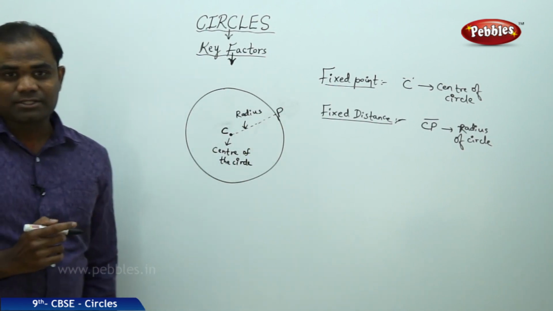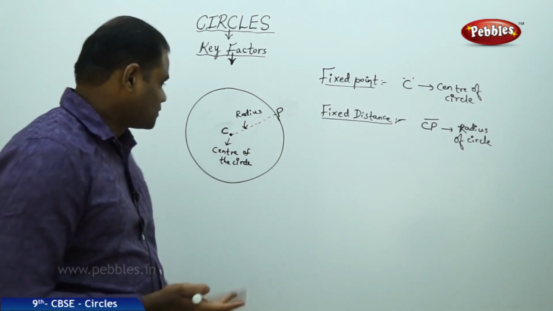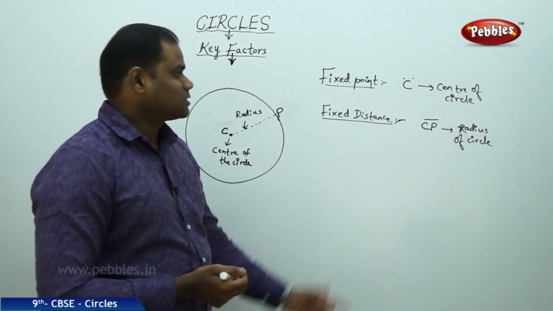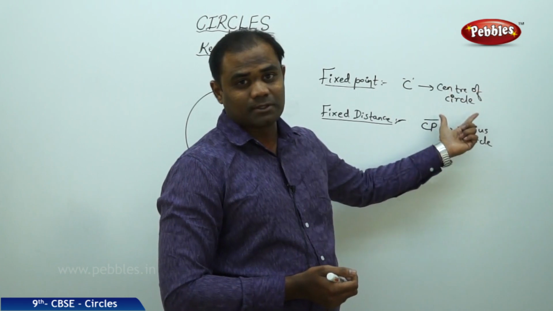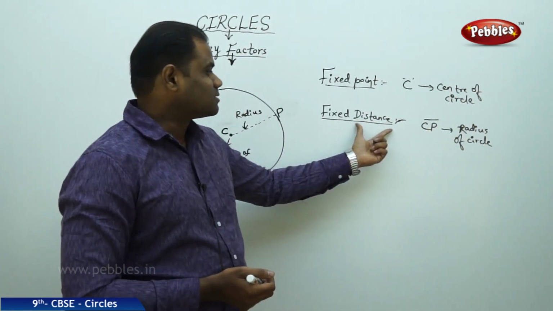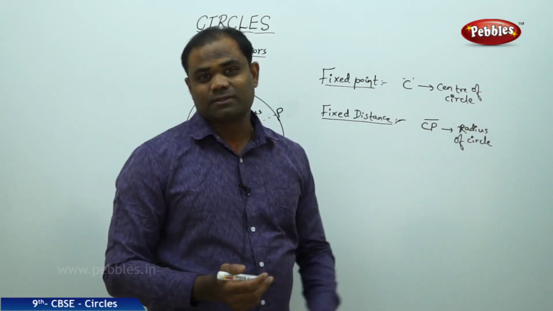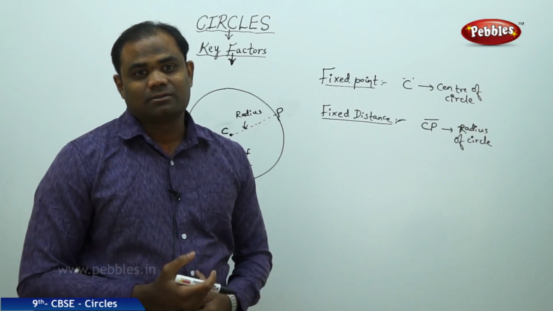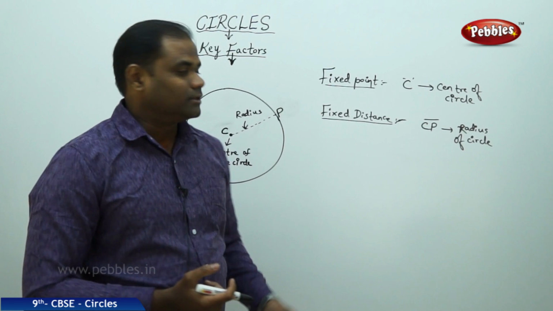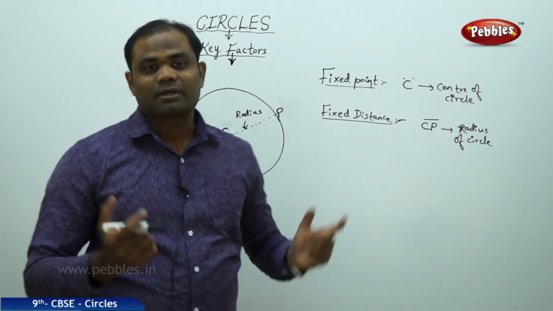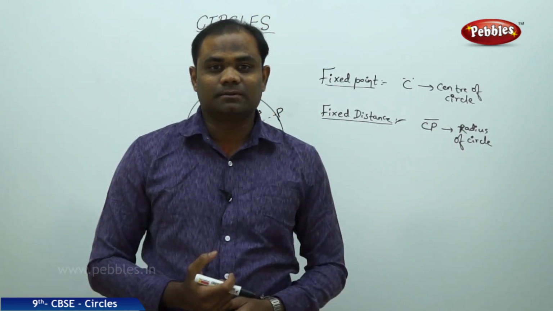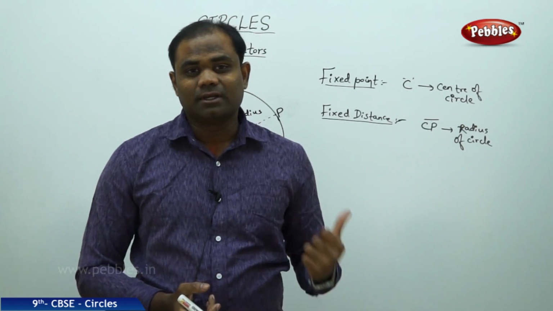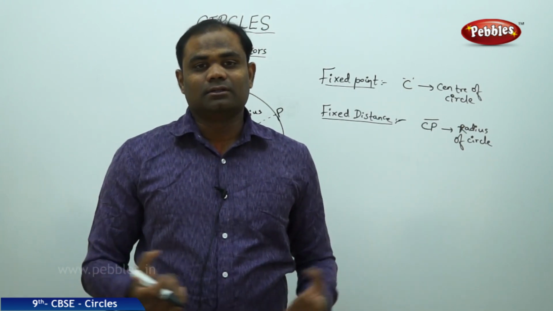So circle has two important key factors. One is the center, one is the radius. The fixed point being the center of circle and the fixed distance being radius of circle. Radius and center, with fixed distance and derived circle, is how we understand the key factors involved with a circle.